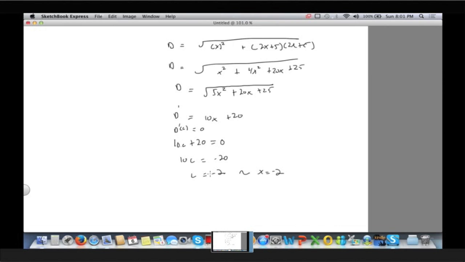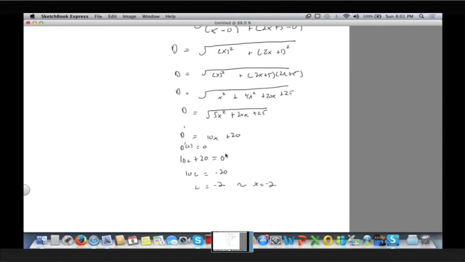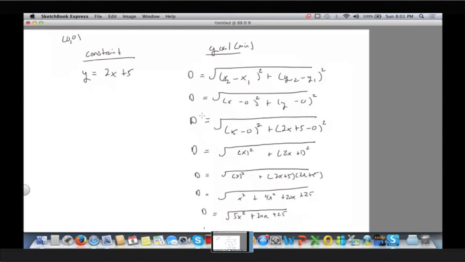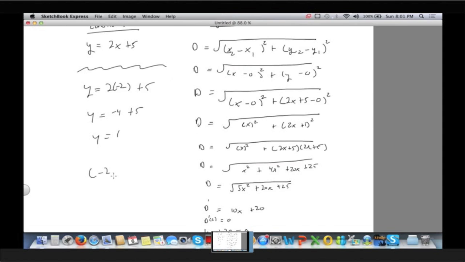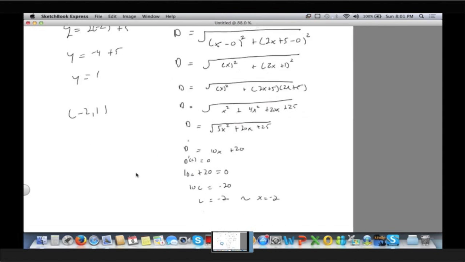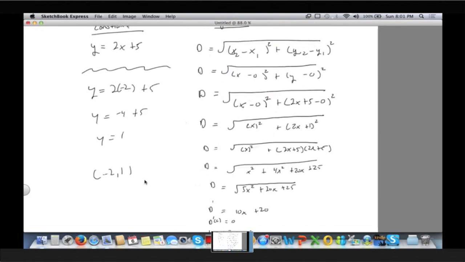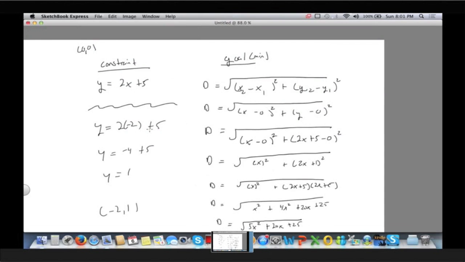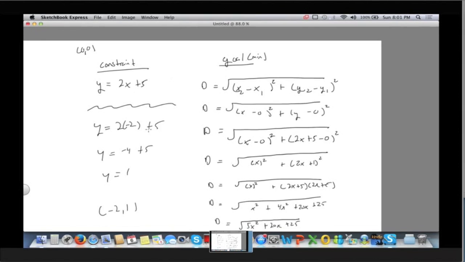Okay. So we got one point. I'm going to check this. y equals 2x plus 5.